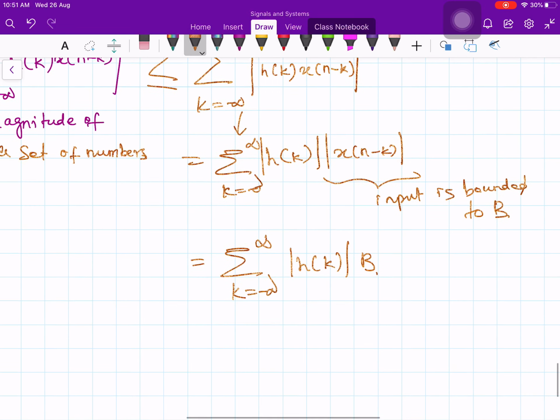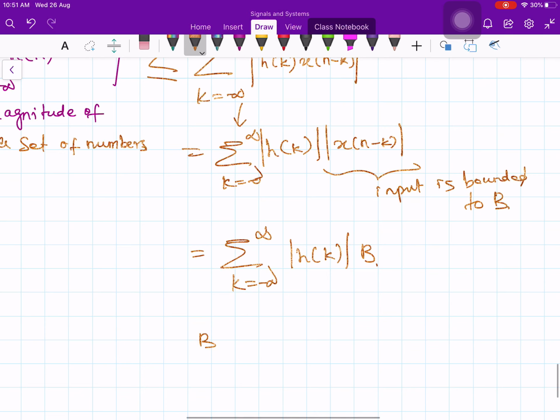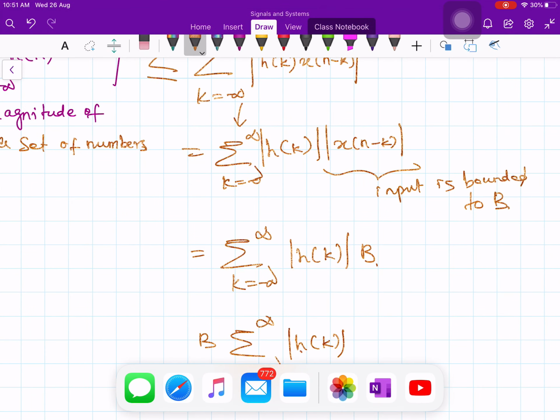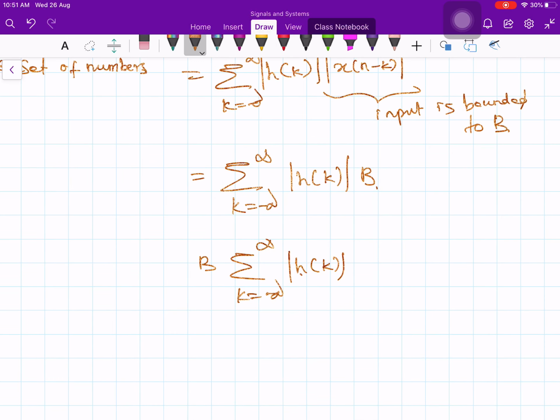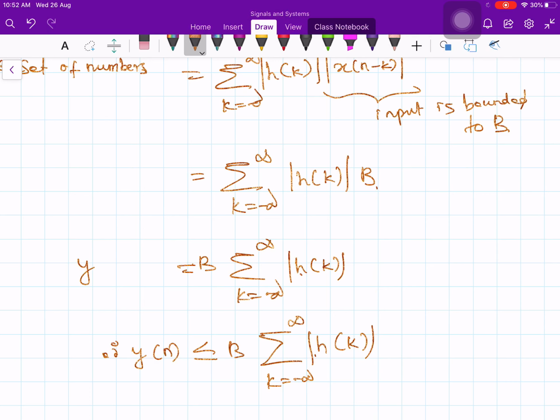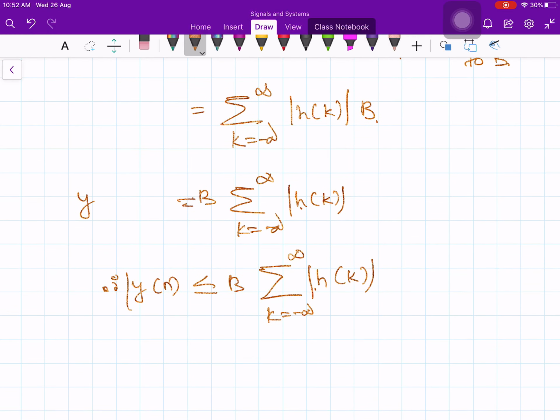So b you take outside, then k equal to minus infinity to plus infinity mod of h of k, right. So your original y of n is less than or equal to this upper bound b times the summation over k from minus infinity to plus infinity of mod of h of k. Now, if y of n is to be a bounded value, then anyway this is bounded already, no problem. Then this also should be bounded.